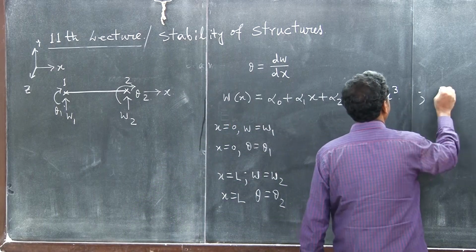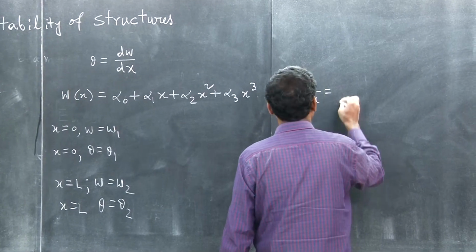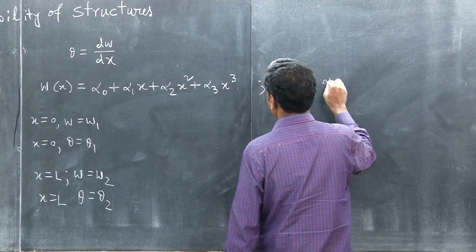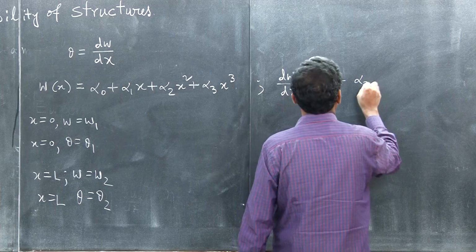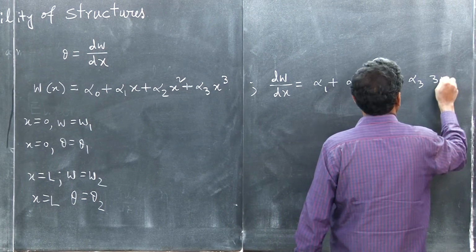So here, theta is alpha 1 plus alpha 2 2x plus alpha 3 3x square.